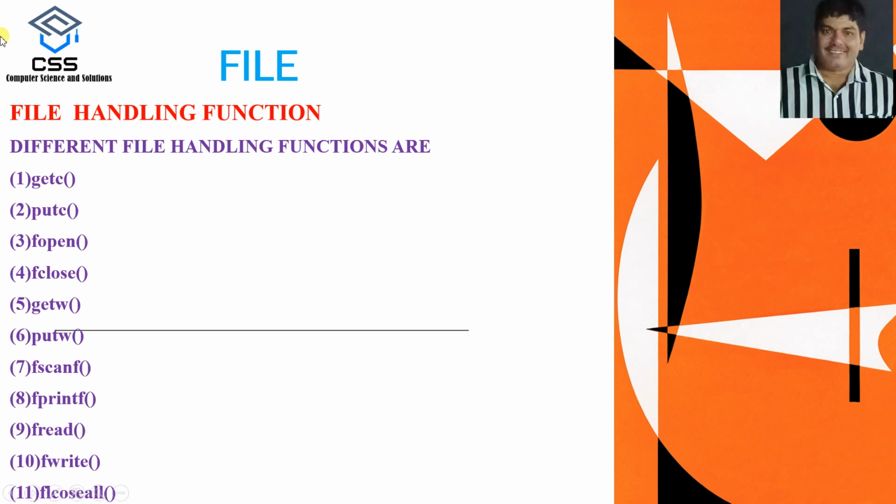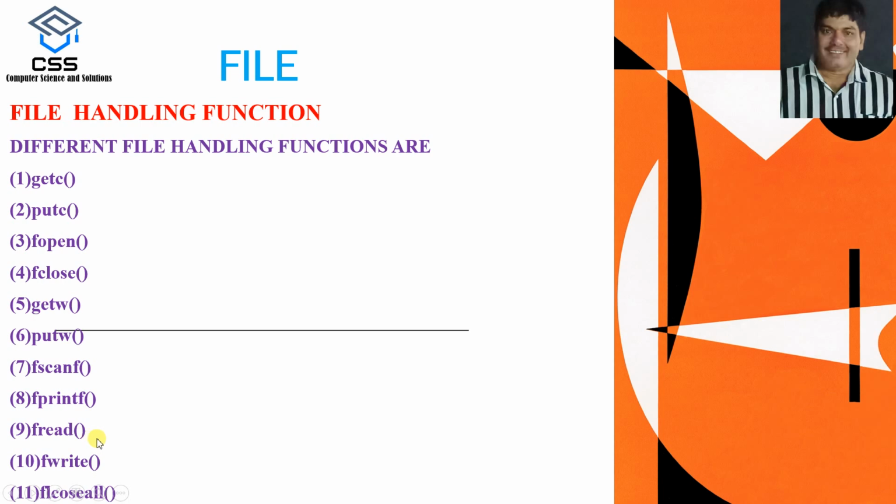Just briefly, to read a character we use getc, to write a character we use putc, to open a file we use fopen, to close a file we use fclose, to read a number we use getw, to write a number we use putw, to write a set of different types of data we use fprintf, to read different kinds of data we use fscanf, to write record-wise data like structure records we use fwrite, and to read records of data the fread function is used.